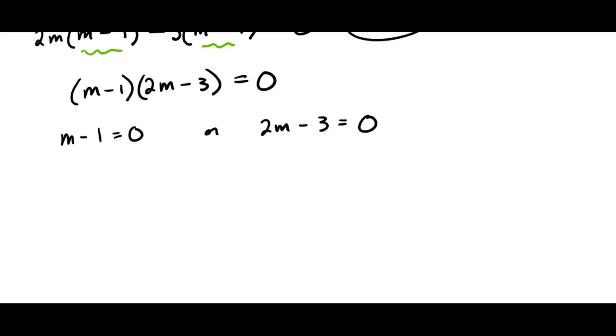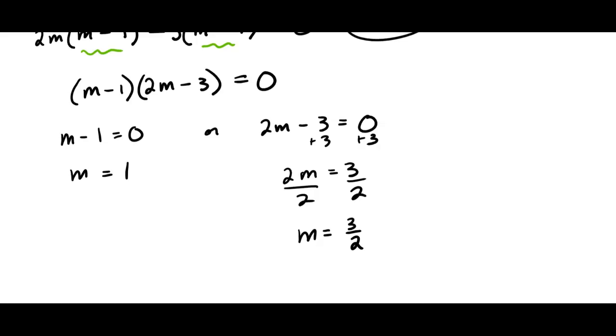All right, so solve each linear equation, add 1 to both sides, and so we have 1 as an answer. Here we're going to add 3 to both sides, 2m equals 3, divide by 2, and so m equals 3 over 2.